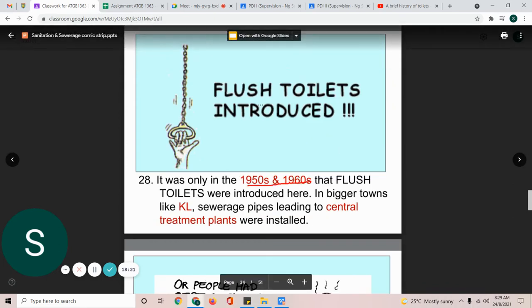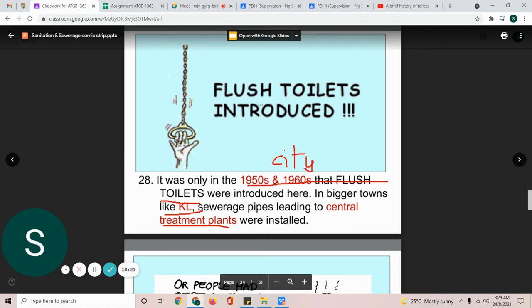Okay, so we have the flush toilet introduced, and during the 50s, typically this is all towards the city. During the 50s and 60s in Malaysia, we start to have flush toilets, but this is more towards cities.